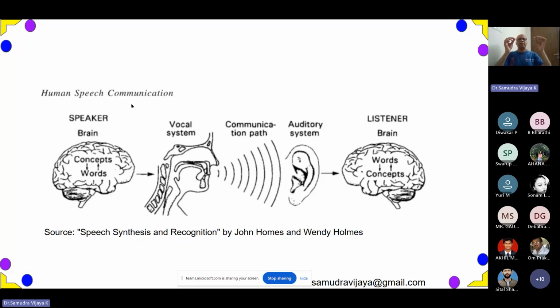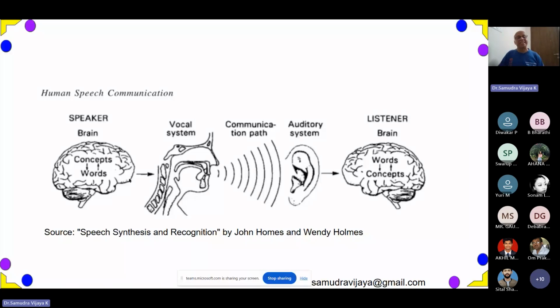I have some thought process in my brain. I chose a language, English, assuming that you also can understand that language. And in the English language, I form the sequence of words, a sentence that captures the thought process that is in my brain, which I want to communicate to you.